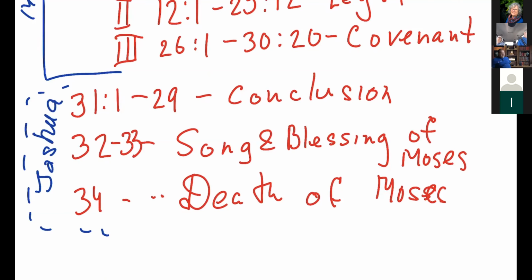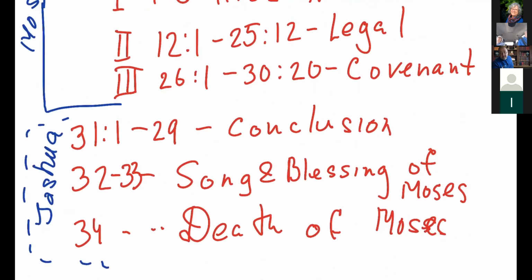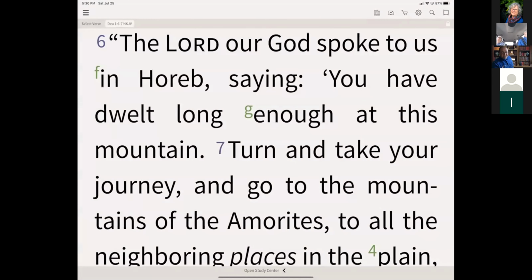So Joshua is most likely the writer of the last 4 chapters of the book of Deuteronomy. How do I know that? Let's go to the Bible.